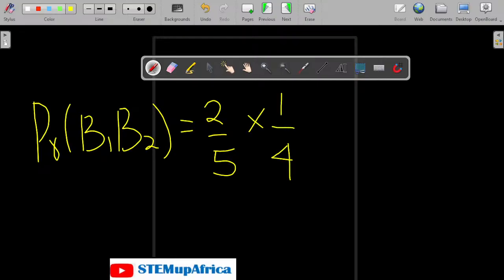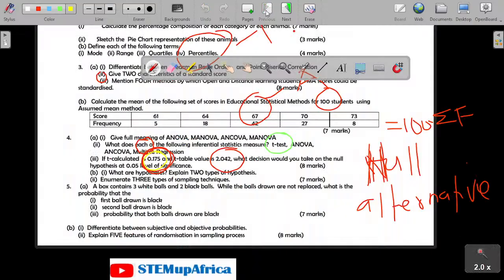I take the first ball, which is black, 2 over 5. The number of black balls is reduced to 1, and the total number of balls is reduced to 4. So the probability of the second one will be 1 over 4. So 2 here 1, 2 here 2. Our answer is now 1 over 10. That is the solution to the question.